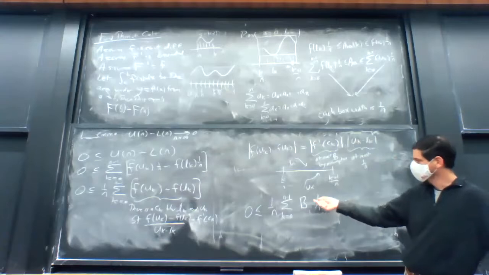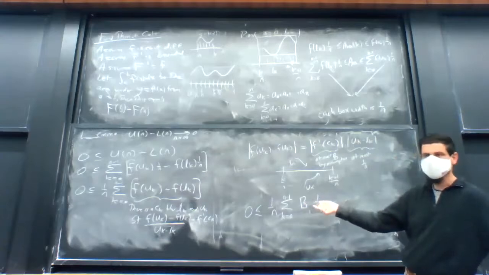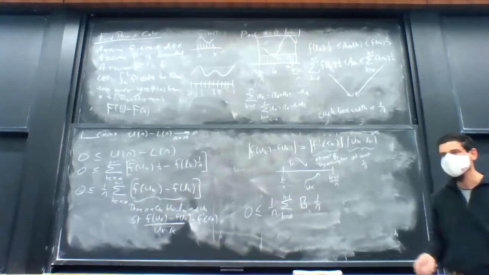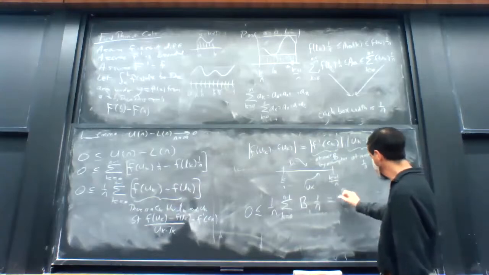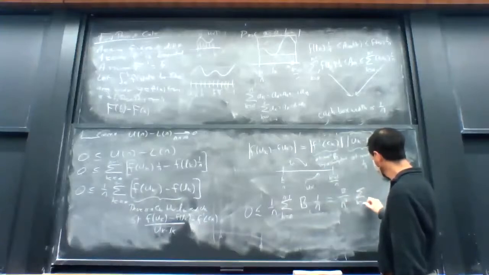What can we do now? This is B times 1 over n. Does this have any k dependence? We're just adding B over n every single time. So this is the same as B over n squared times the sum, k goes from 0 to n minus 1 of 1.